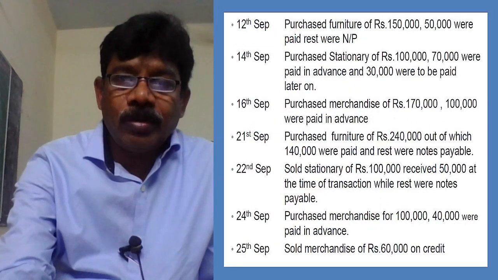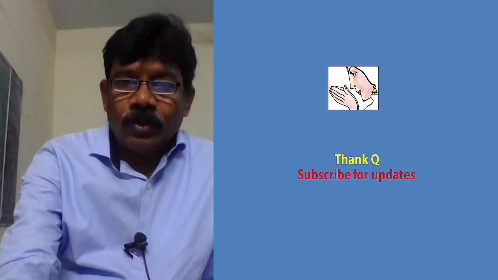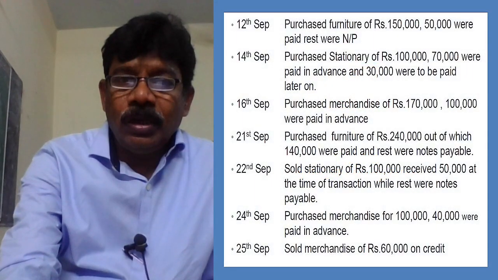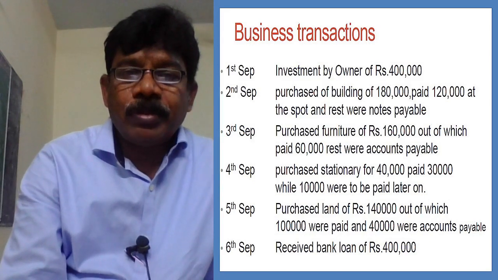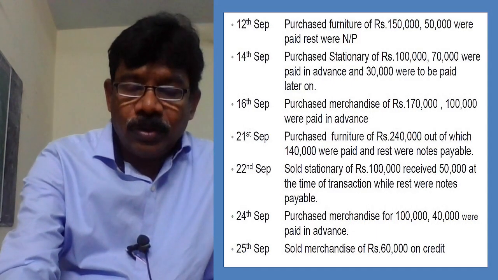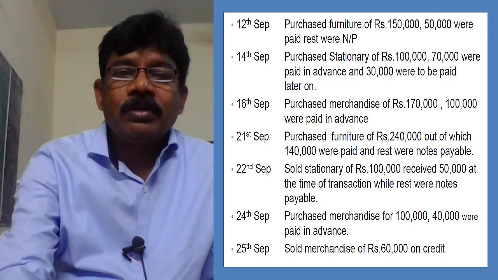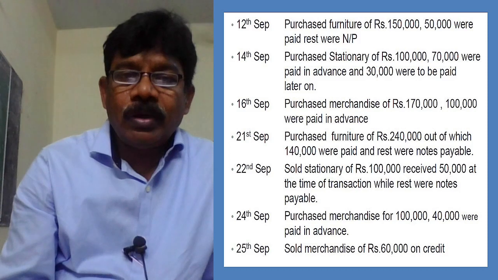Please note down this problem in your notebook. All the transactions, from 1st September to 20th September, note down and be ready. In the next video, I will solve one too.